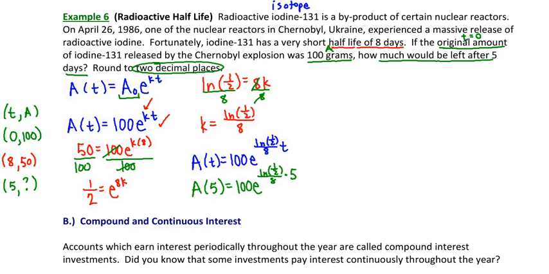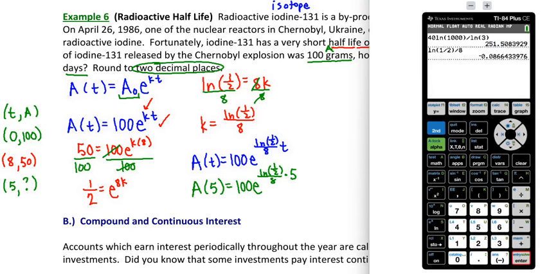Now, before we jump to the calculator, remember we have a decaying substance. So if we started out with 100 grams, after 5 days, we should anticipate having less than 100 grams. So let's see if that comes out on our calculator. We'll type in 100, second E, to natural log of 1/2 divided by 8 times 5.